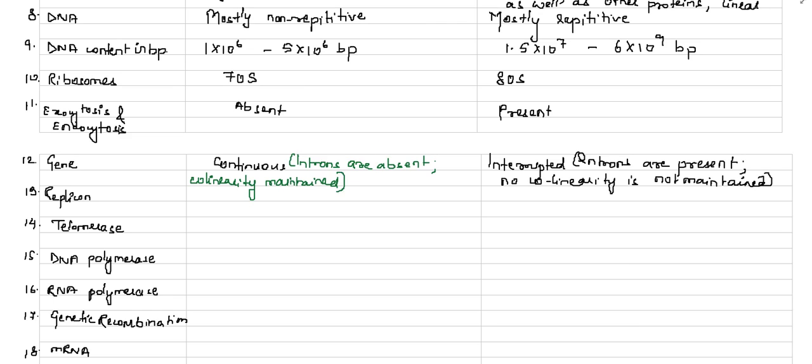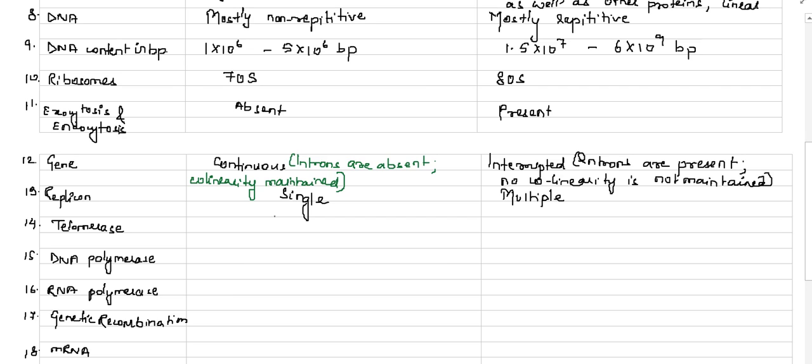Next is replicon. The replicon is the origin of replication, and it is single in prokaryotes and multiple in eukaryotes. Okay, the replication process is complex in eukaryotes due to the presence of some associated proteins forming nucleosomes.